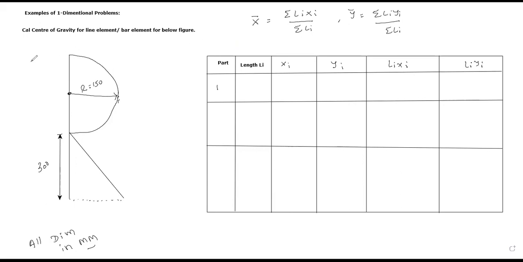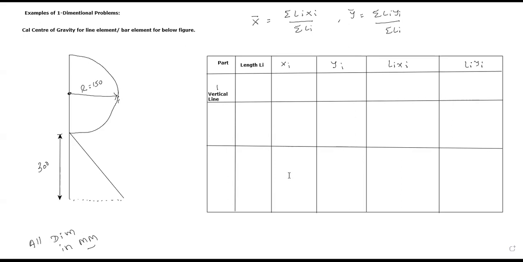Now let me discuss. This whole is one vertical line. So can I say that vertical line is your part number 1? Okay, so you can write here vertical line. Similarly, second part is semicircular arc.